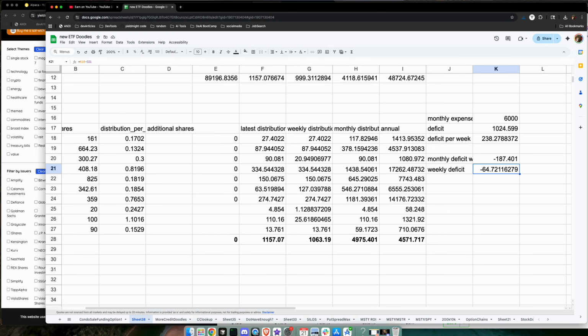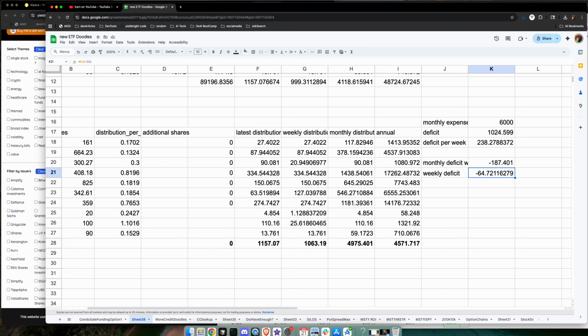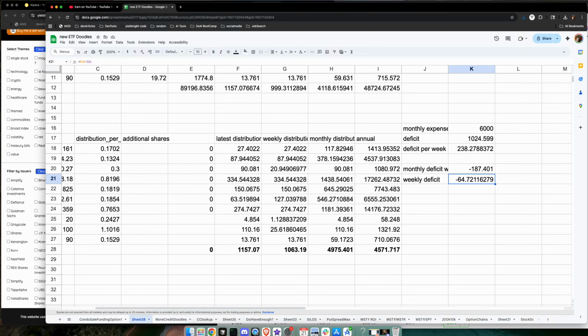It would be nice if I could have continued to do the $9,000 per month with what I have, but the NAV erosion got a little crazy for me.